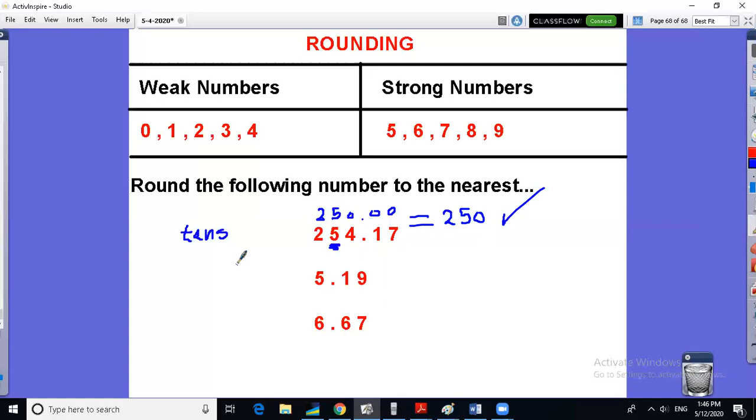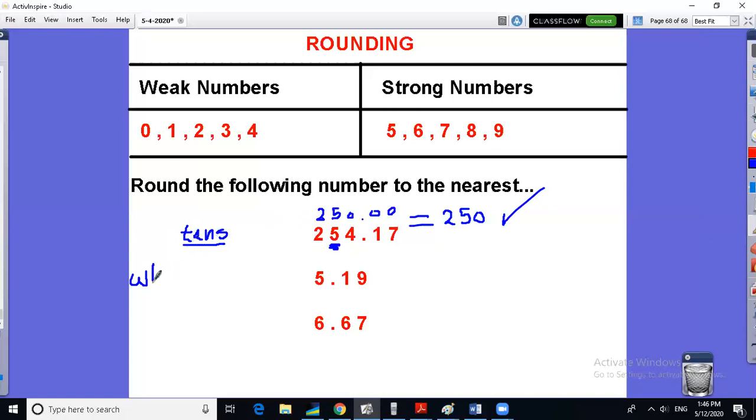Let's move to the next example, which was your homework. What if I want to round this to the nearest whole number? You said when we round to the nearest tens, we underline the tens, and to the nearest hundreds, we underline the hundreds.